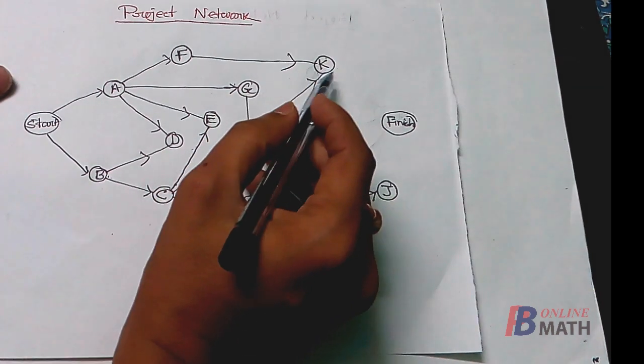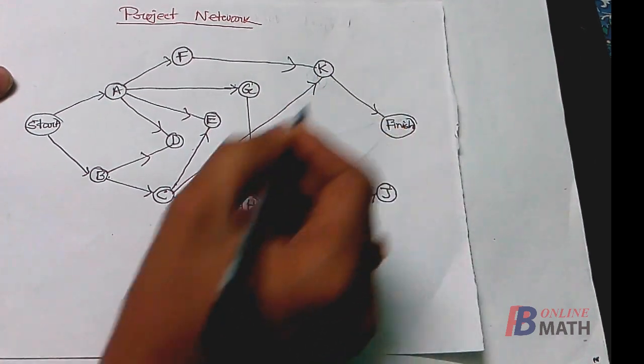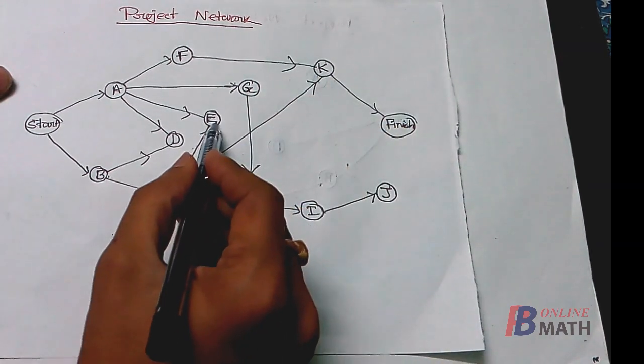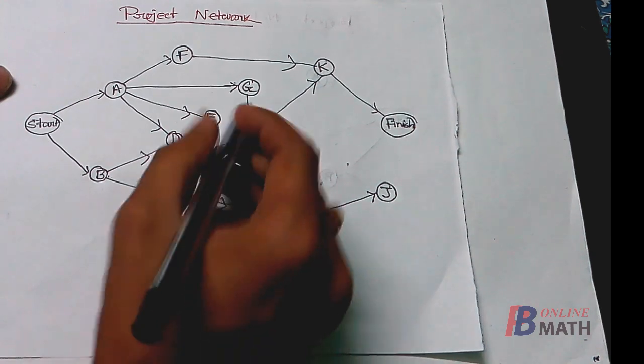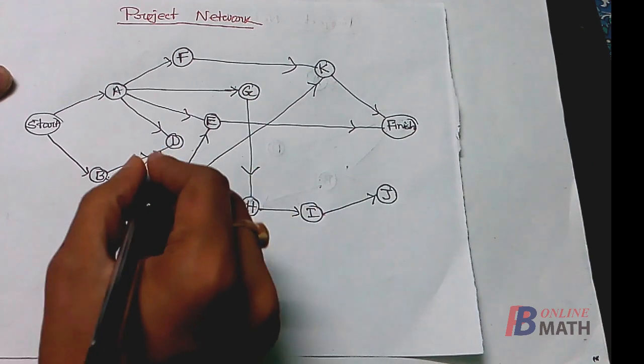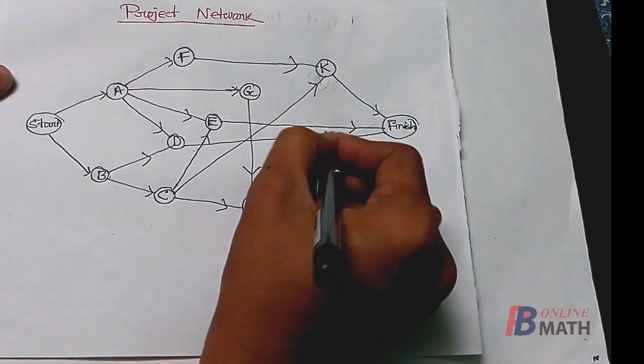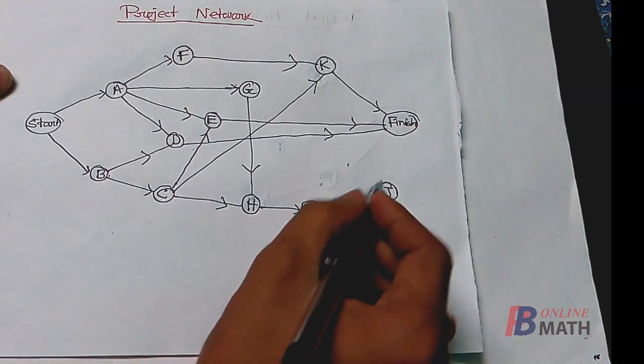Consider the activity K, it has no successor, so we connect K to finish. Next, consider the activity E, it has no successor, so we add E to finish. Consider the activity D, it has no successor, so we add D to finish. And finally J.